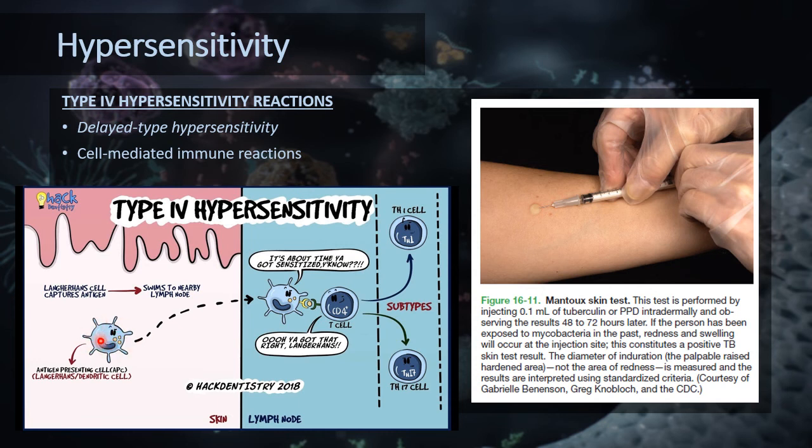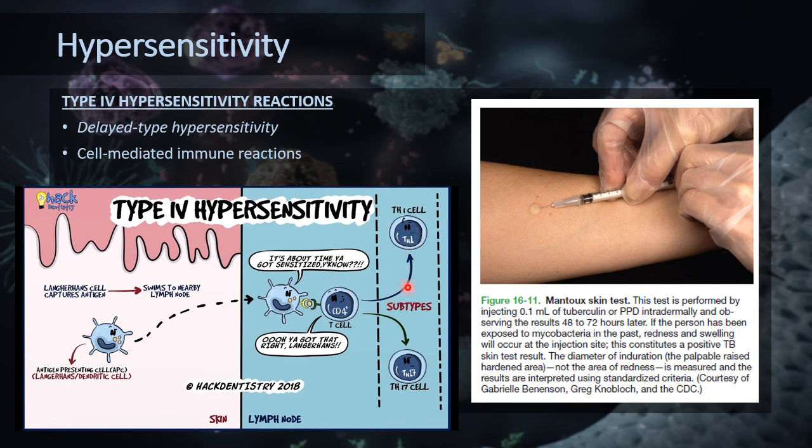This antigen-presenting cell will bind to the antigen, bring it into the nearby lymph node, and present it to the T helper cell. The T helper cell will transform into its subtypes, the T helper 1 and the T helper 17 cell.